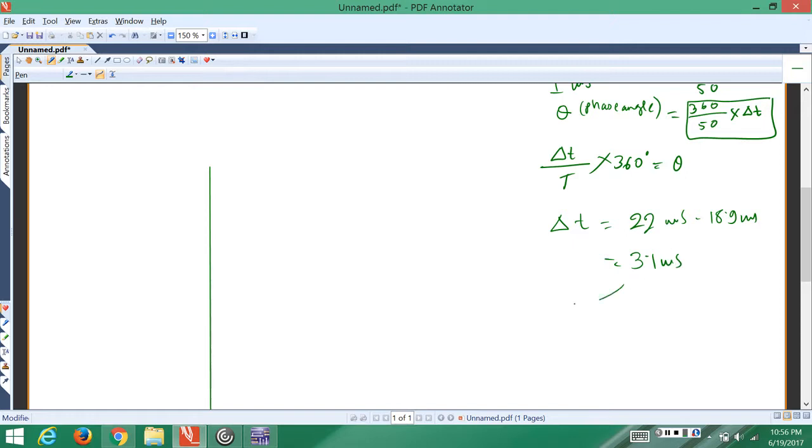So when I plug this back into my phase angle formula, I get 3.1 divided by 50 times 360, and that would give me something like 22.3, let's say.